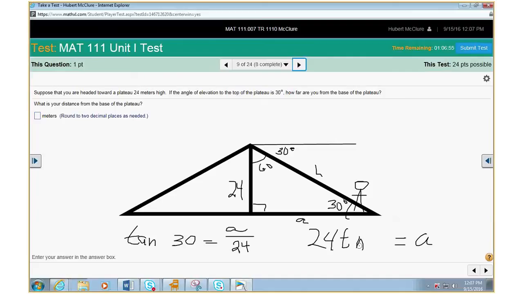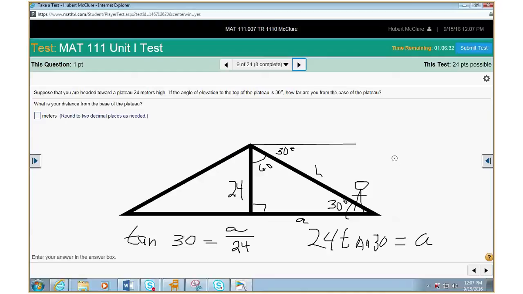All right, somebody do this for me. What do you get? You sure? Check, make sure you're in degree mode. I'm sorry, what? 8 square root of 3.